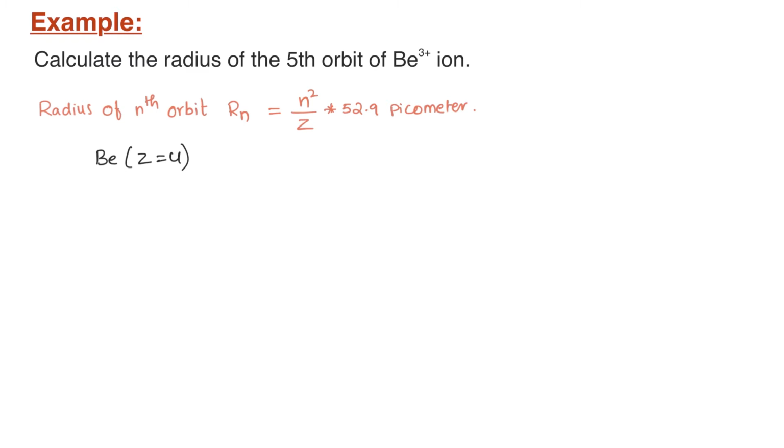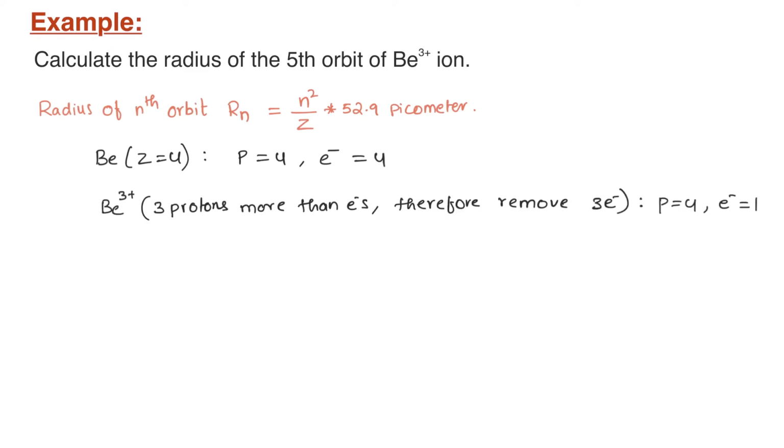The atomic number of beryllium is 4, so it has 4 protons and 4 electrons. Be3+ means it has 3 more protons than the number of electrons, which means we need to remove 3 electrons. So it is a monoelectronic ion and the formula can be used.